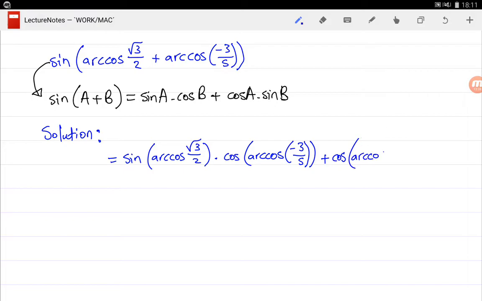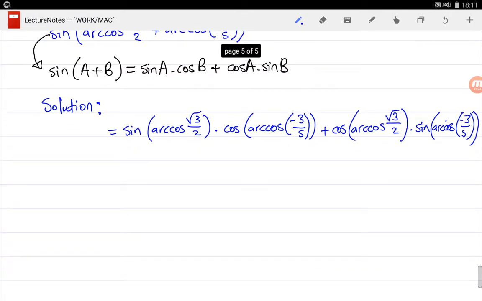Yeah, it's a bit lengthy. And sine B, and sine B is arc cos. I'm running out of space here, and arc cos of minus 3 over 5. Just going to put that. Okay, great. I was worried it wasn't going to fit in there.